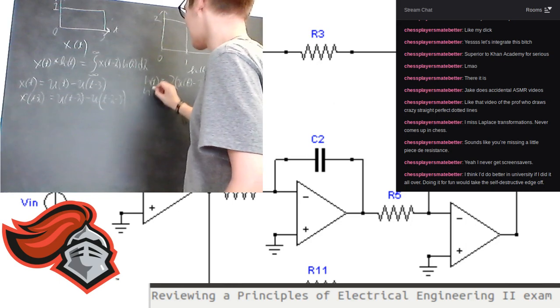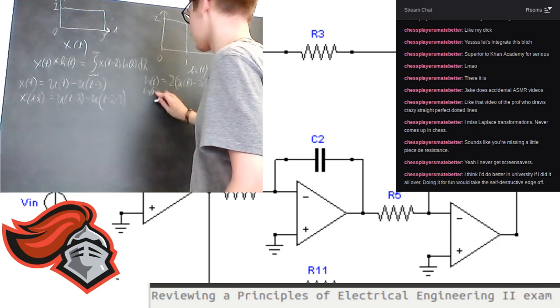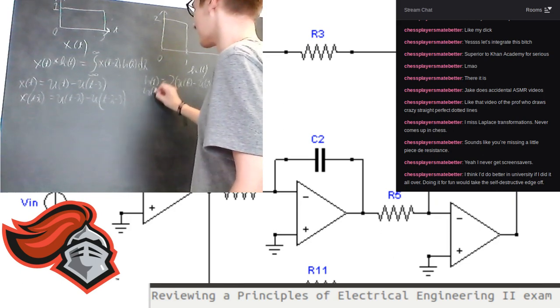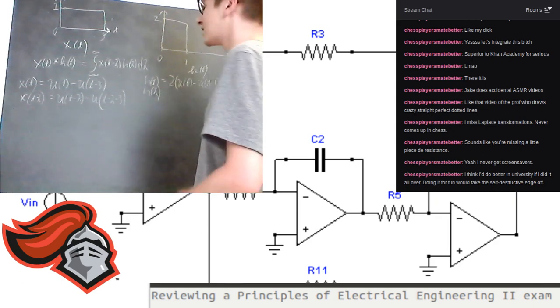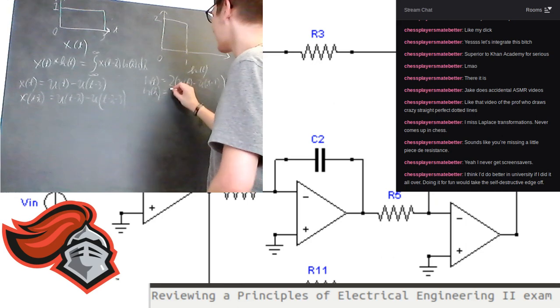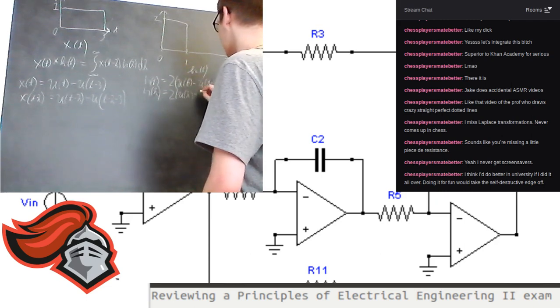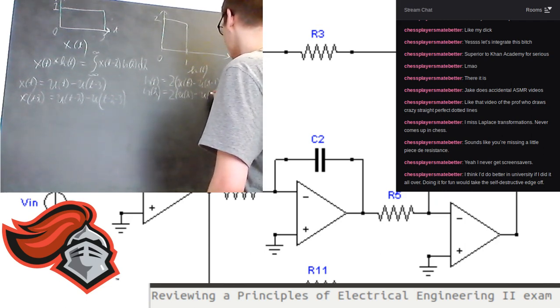So we get h(lambda) equals 2 times u(lambda) minus u(lambda minus 1).